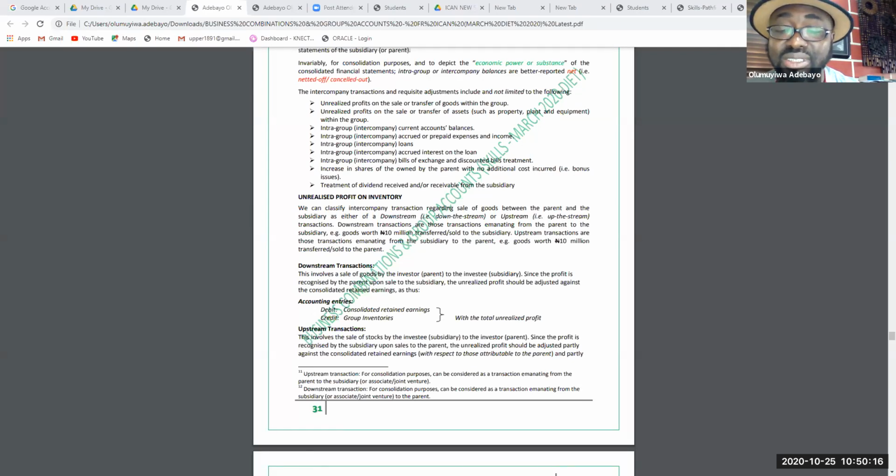And what is our concern? Our concern is only with respect to unrealized, because the realized is already embedded in the profit of the group. That is the realized, plus that unrealized. But we are not saying that the entire 2 naira constitutes realized and unrealized, but the entire 2 naira has been incorporated in the group profit. What then do we need to do?